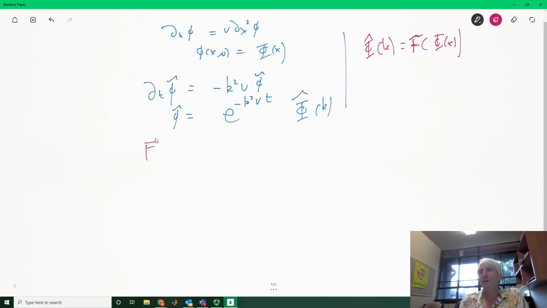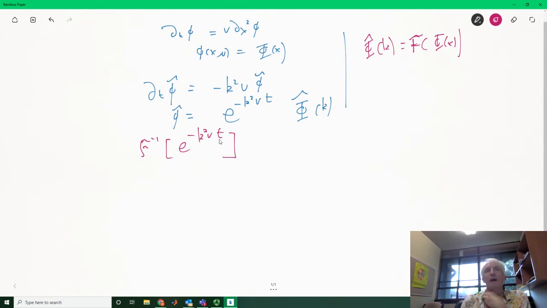So what is the inverse Fourier transform of e to the minus k squared nu t? This is the Fourier transform of a Gaussian, so it's going to be another Gaussian. One of the properties of the Fourier transform is that it transforms Gaussians to Gaussians.